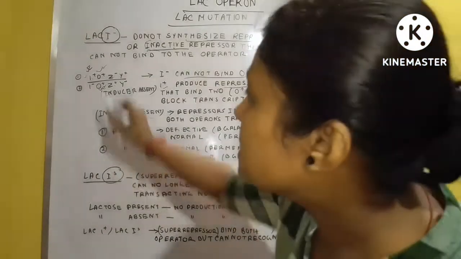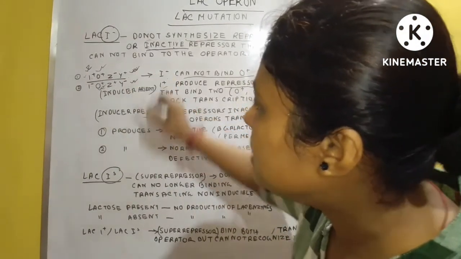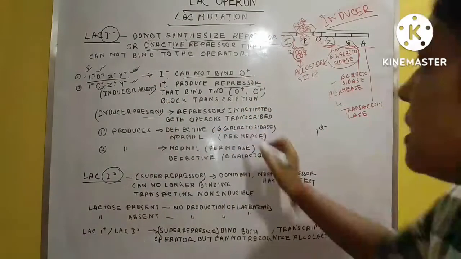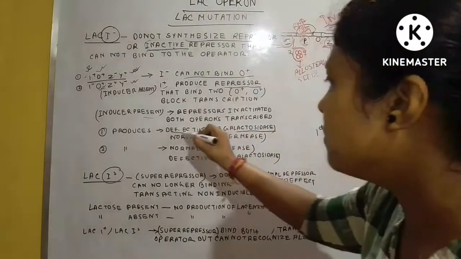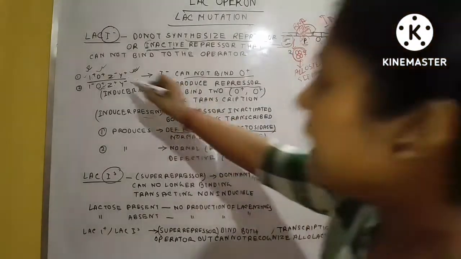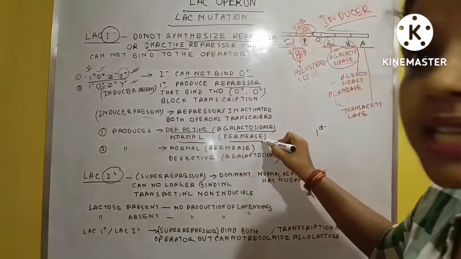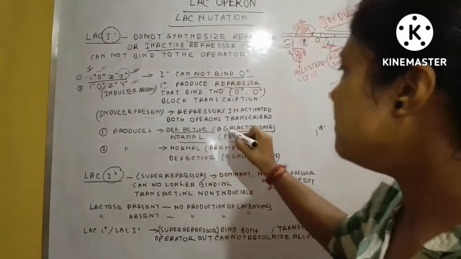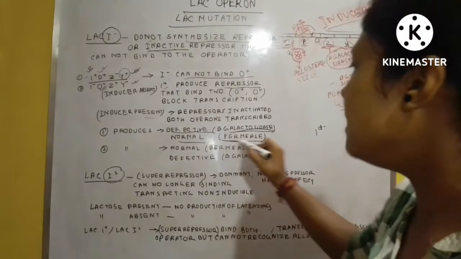What situation arises in number one and number two? Here Z minus produces a defective beta galactosidase, and Y plus gives a normal permease.